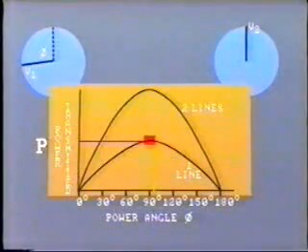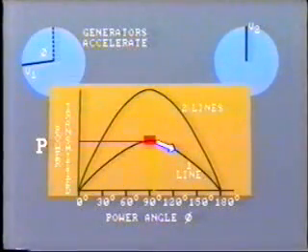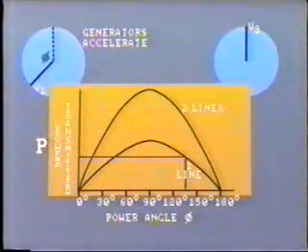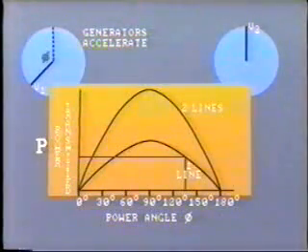Beyond this point, the load transfer across the line actually decreases, so the generators at bus 1 accelerate in an attempt to increase the load transfer. This in turn increases their angle of lead even farther, so that the power transfer continues to decrease. At this point, the generator rotors are advancing on those at bus 2.